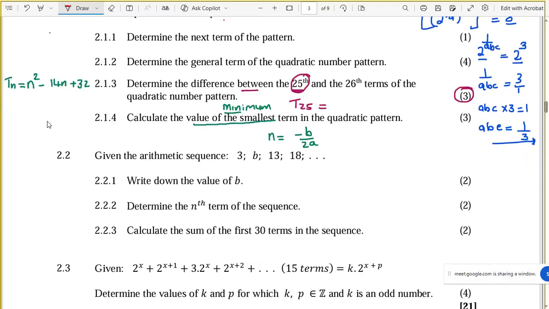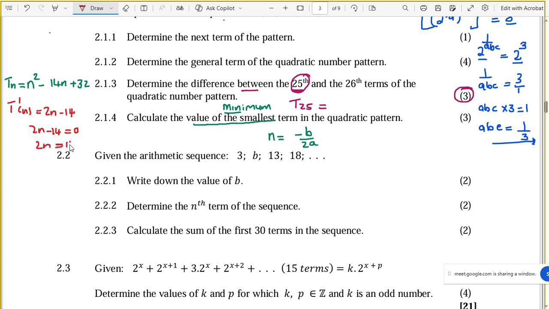You see, many ways to kill a cat. So this will be T prime at n. The derivative is just 2n minus 14, and you equate the derivative to 0. So 2n minus 14 equals 0.